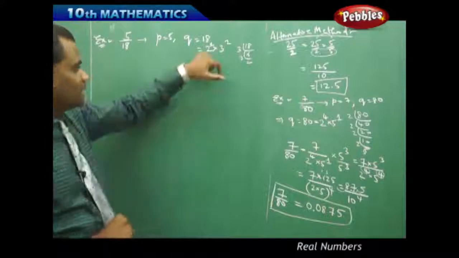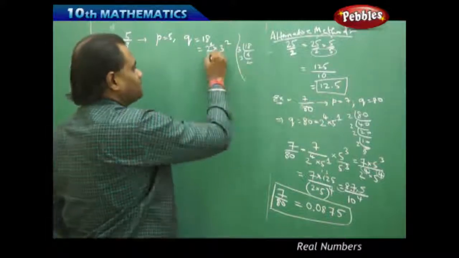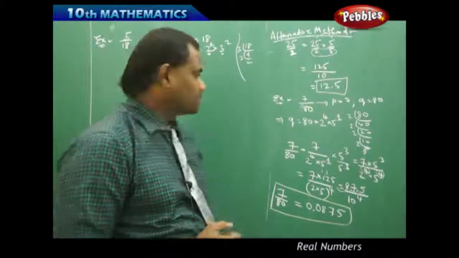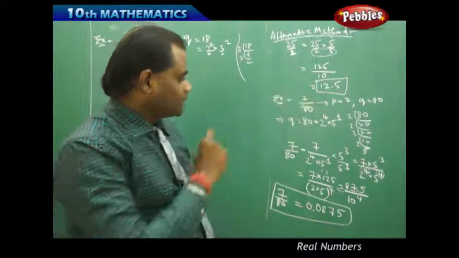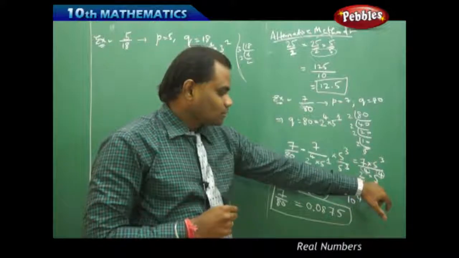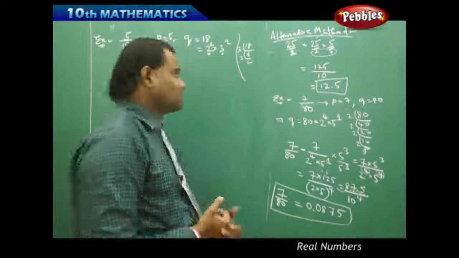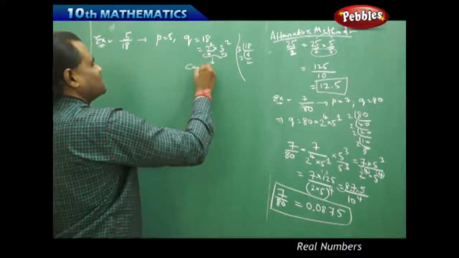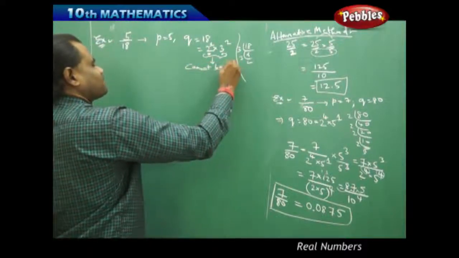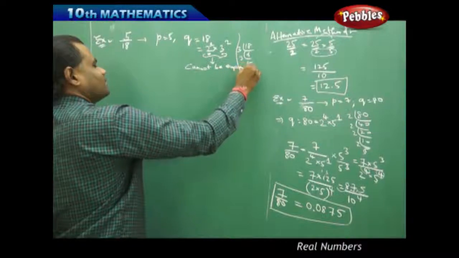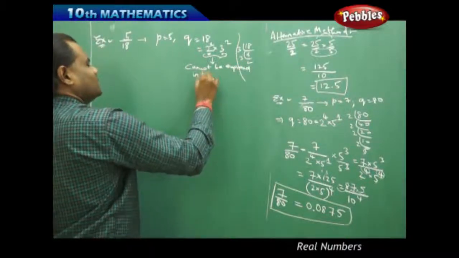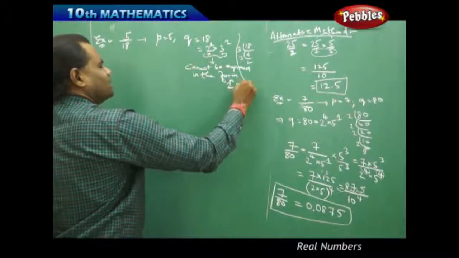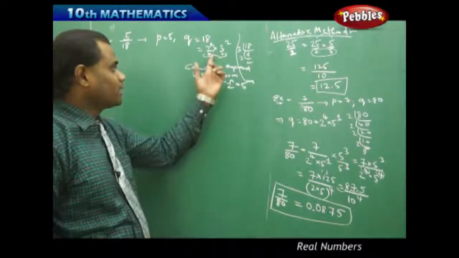But clearly I understand here that the primes are 2 and 3, but for terminating decimal values, I need q to be expressed in the form 2 power m into 5 power n. But clearly I see that this cannot be expressed in the form 2 power m into 5 power n, because there is no 5 here.